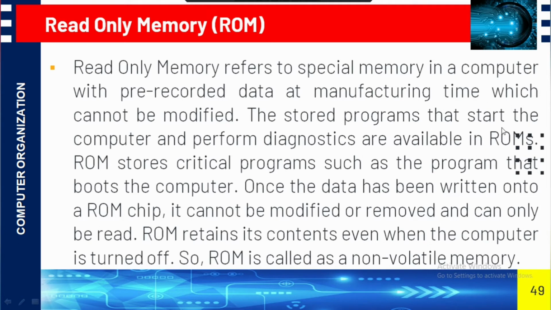The stored programs that start the computer and perform diagnostics are available in ROMs. When we switch on the system, the booting process begins. The booting process and system software are all stored in this ROM. When we switch on the computer, the program stored in the ROM is executed. ROM stores critical programs such as the program that boots the computer.